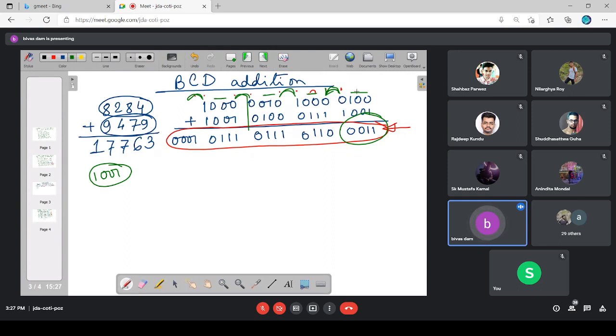I have to make one corrective action. And what is the corrective action? Now I have to add 6, that means 0, 1, 1, 0, with this nibble position. Now continue this process till all the nibbles are checked and corrected.